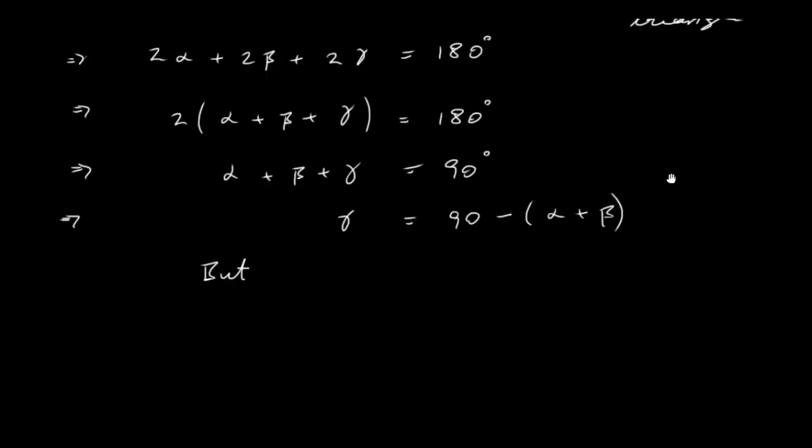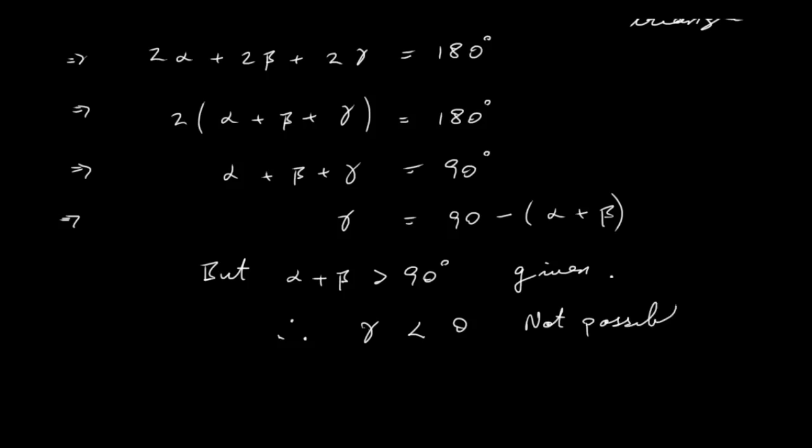So I'm going to say here alpha plus beta is greater than 90 degrees. We were given that. Therefore, gamma is less than 0, is negative, which is not possible. That's your contradiction. The angle gamma here is negative, and that's not possible.